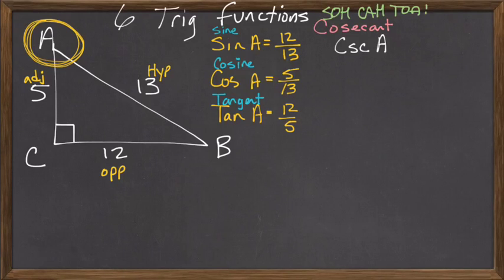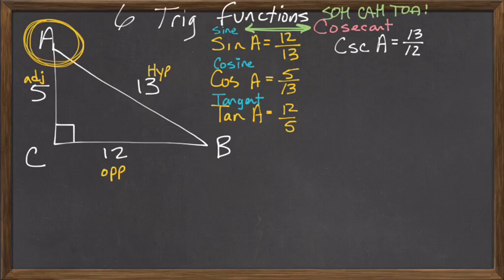So if I know sine of angle A is 12 over 13, that means cosecant of A is 13 over 12. Remember, sine and cosecant are inverses of each other. So if you know that cosecant is 13 over 12, you know sine is 12 over 13. So they go together.